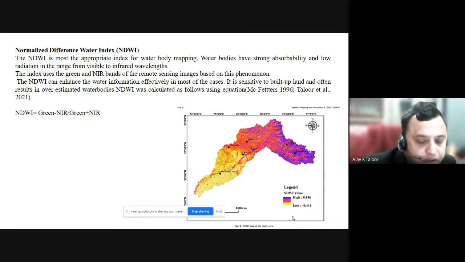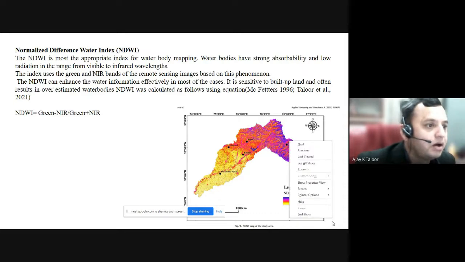This is a reservoir, showing very high values, and these hilly portions, this part of Himachal Pradesh, are snow covered area. In the snow covered area, the moisture index is also very high, the water index is very high. This way, we are able to get the normalized difference water index.